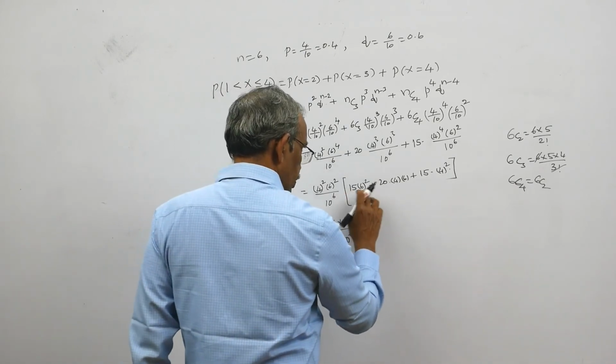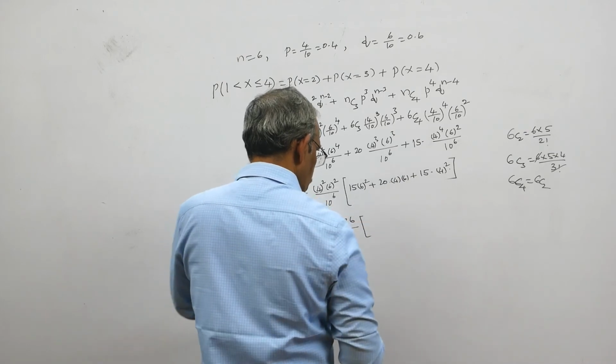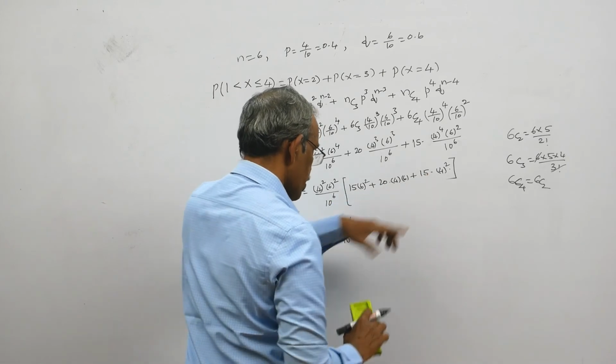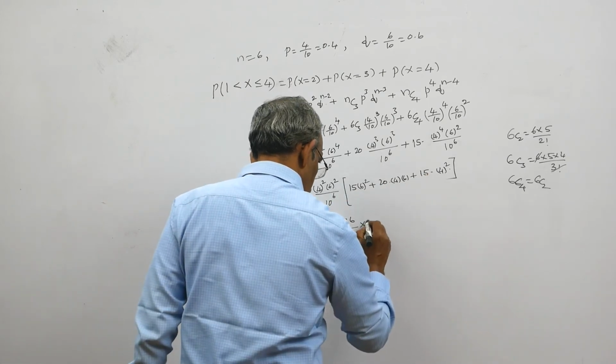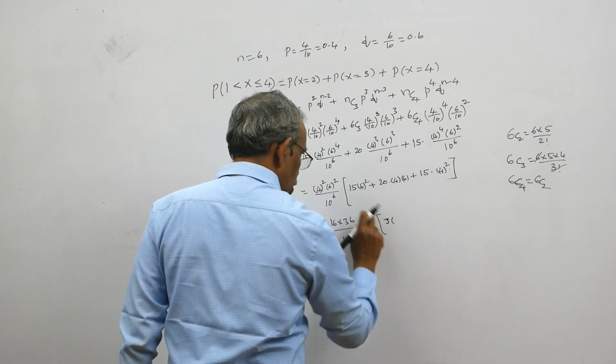Here we have 15, 20 and 15. There is a common term: 5 3s, 5 4s, 5 3s. So 5 common gives 3, 4, 3.